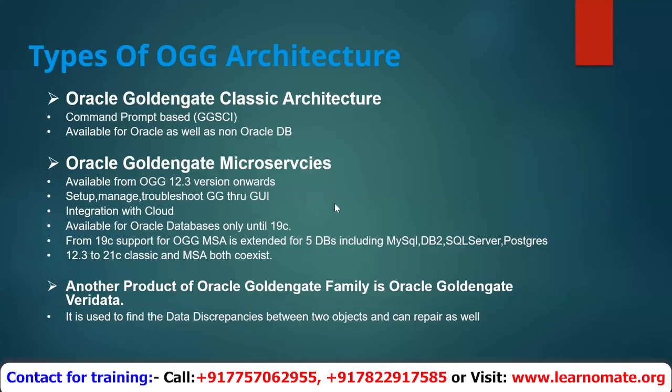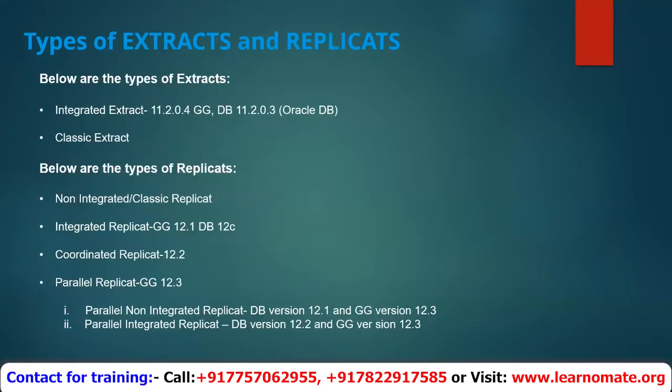Under microservices architecture, you configure GoldenGate extract and replicate. So classic architecture and microservices architecture basically represents complete architecture. Under that, you configure different types of GoldenGate processes like extracts and replicates. So there are two types of extracts available. One is integrated extract and second is classic extract.